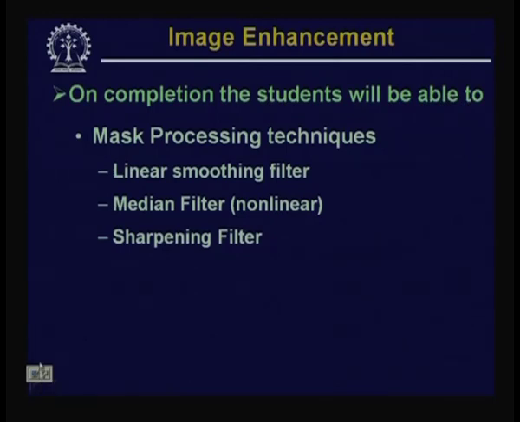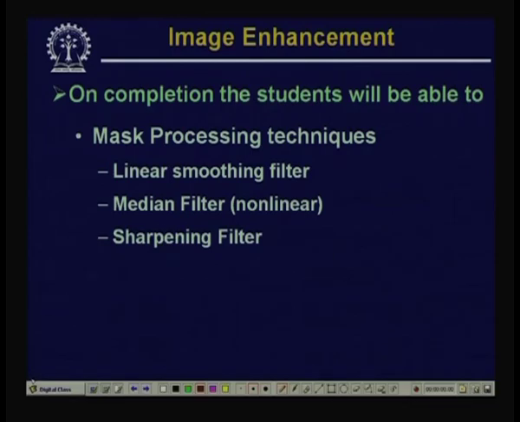Now, in our earlier discussions, we have mentioned that while going for contrast enhancement, what we basically do is, given an input image say f(x,y), we transform this input image by a transformation operator say T, which gives us an output image g(x,y).